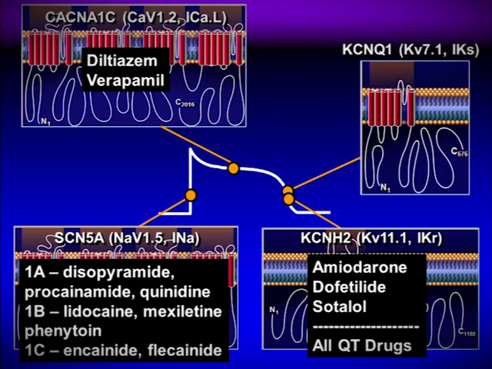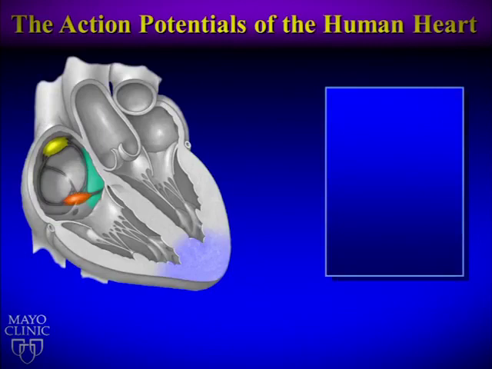That's dofetilide, that's sotalol, and of course amiodarone is not only an IKR blocker, it's a mixed channel blocker. It affects many different channels. And importantly, virtually every drug that has an unwanted QT prolonging side effect exerts that effect by blocking IKR.